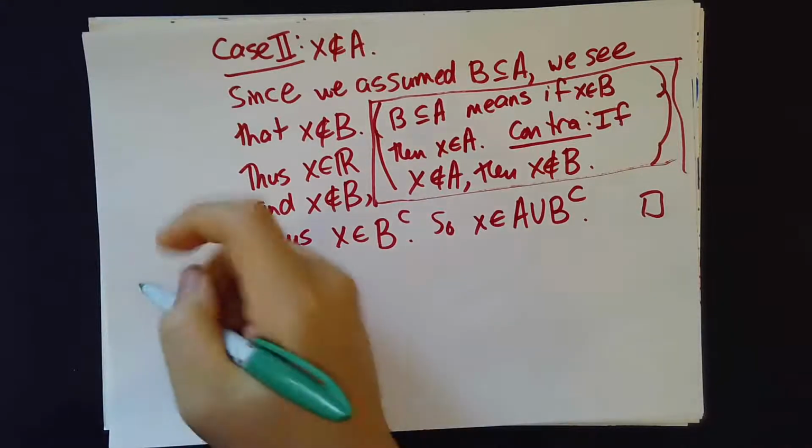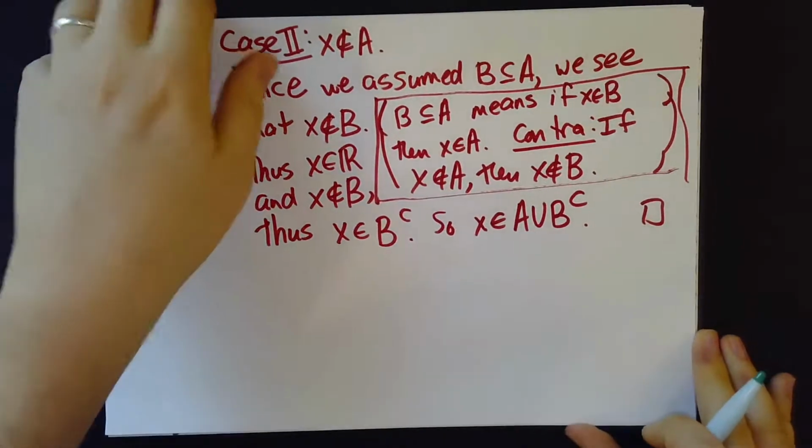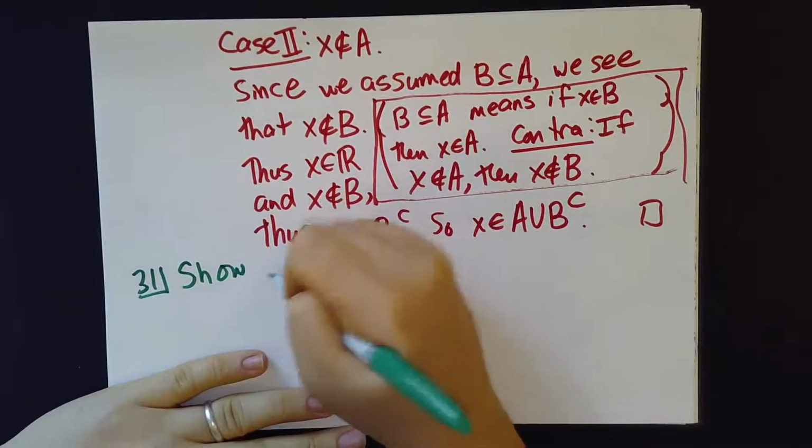So 31. 31 asks us to show that every integer can be written as a sum of 3 distinct integers.